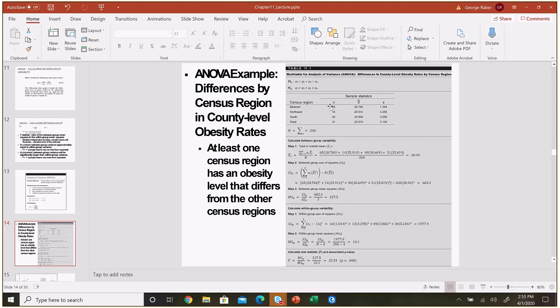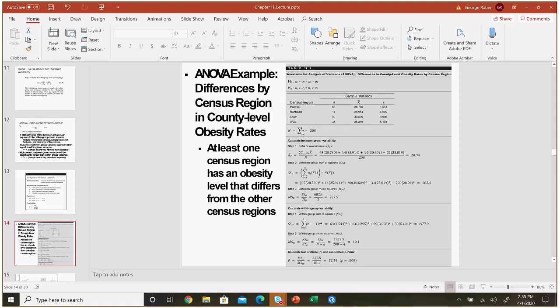So that's one of the reasons, going back to what I said earlier, why when you just compare 2 different ones, you might get a different answer. It might be that the Northeast and the West, if you just ran it, have no significant difference.